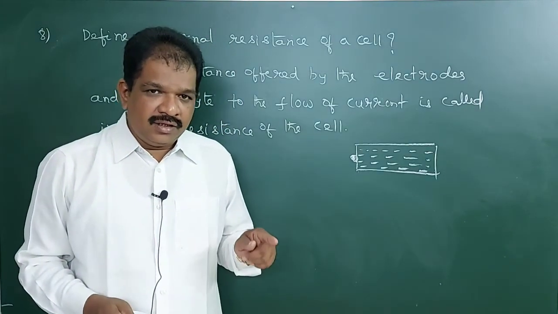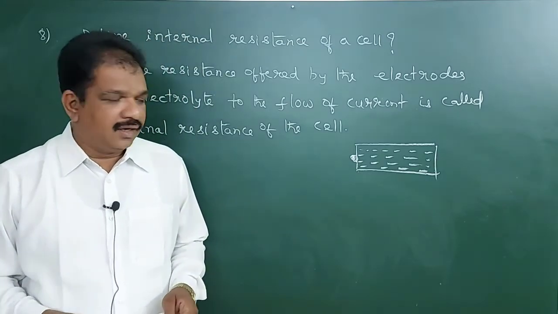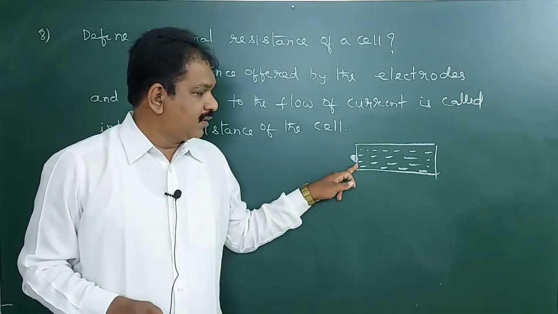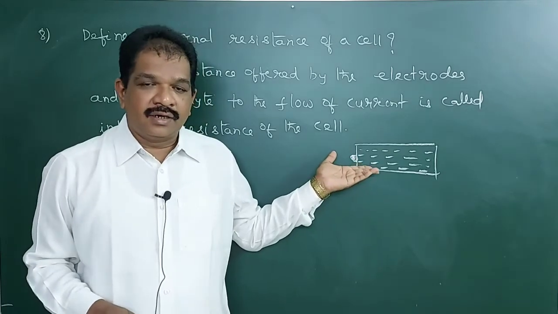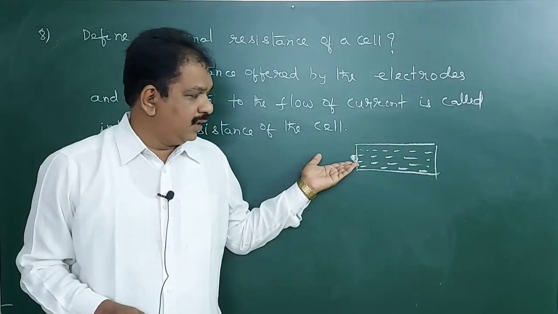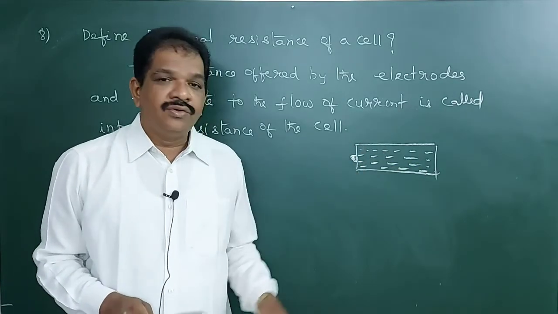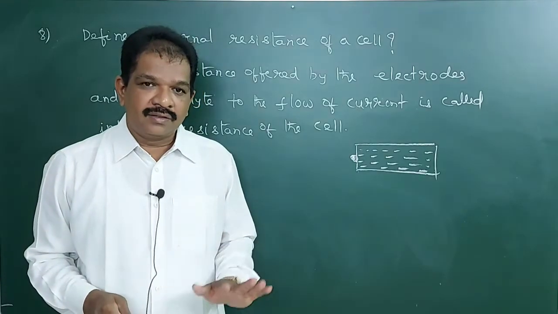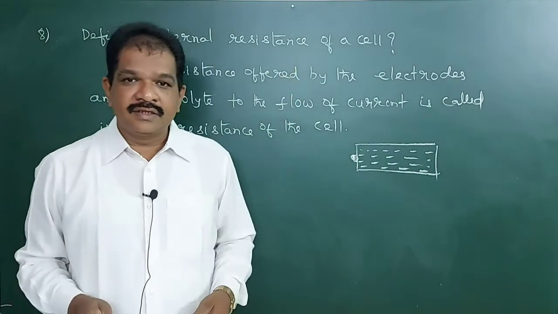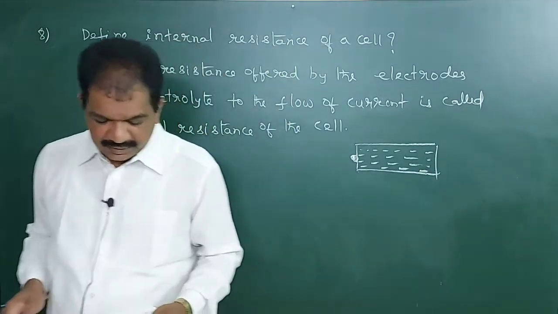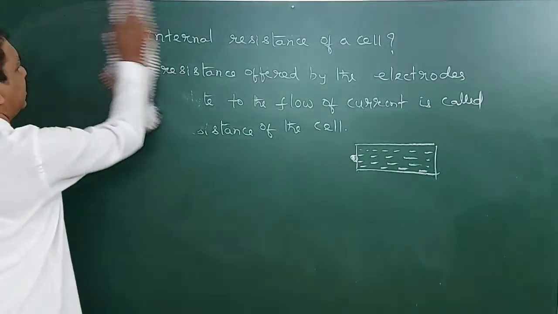When electric current passes through the cell, that cell offers some resistance to the current. That resistance is created due to the electrodes, meaning metal plates, and also due to the electrolyte. That resistance is called the internal resistance of a cell. Clear? Next.